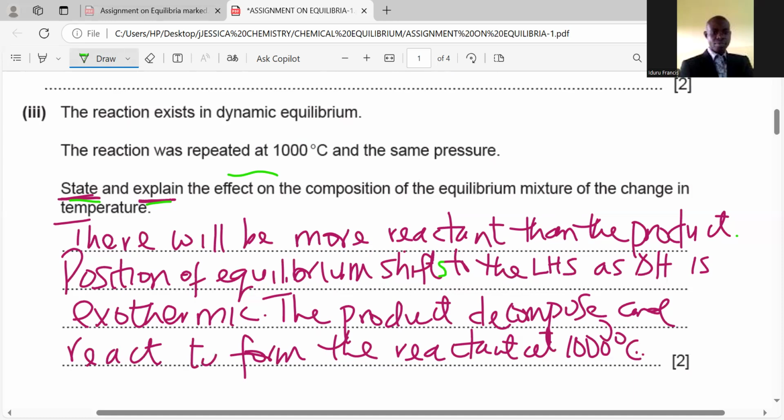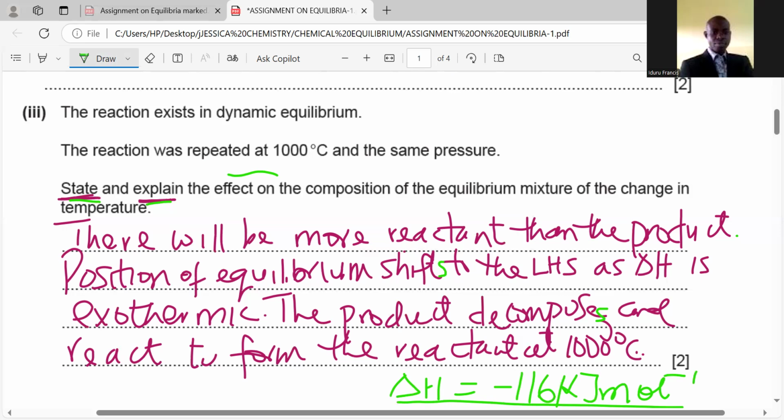So the product decomposes and reacts to form the reactant at 1000 degrees, because initially we found that our delta H is minus 116 kilojoule per mole. So it's an exothermic change, and therefore an increase in temperature will favor the backward reaction. So there is more of the reactant than product.